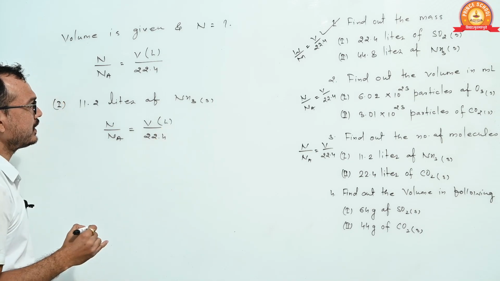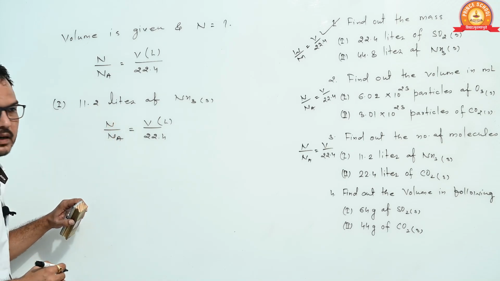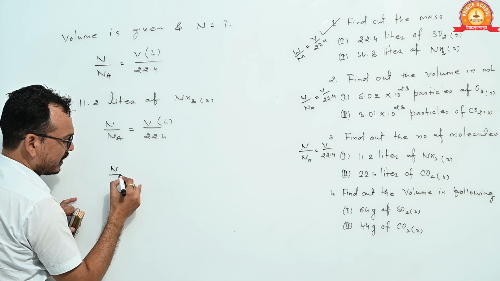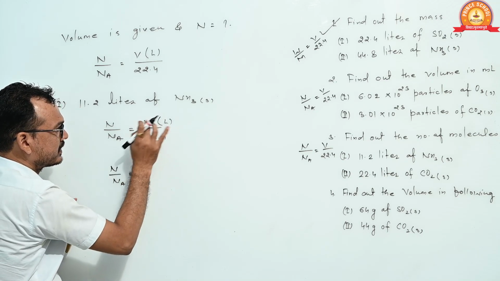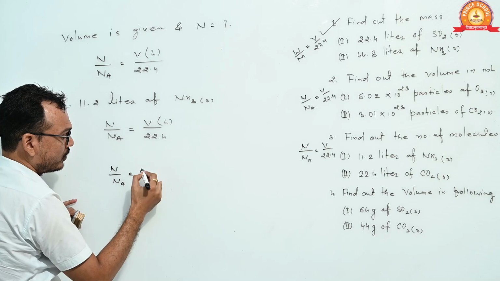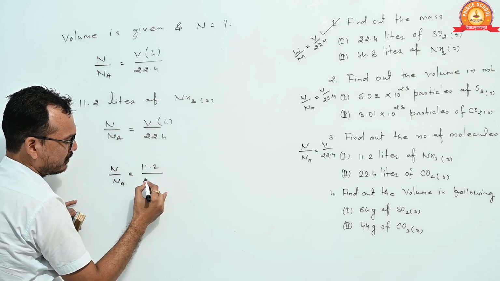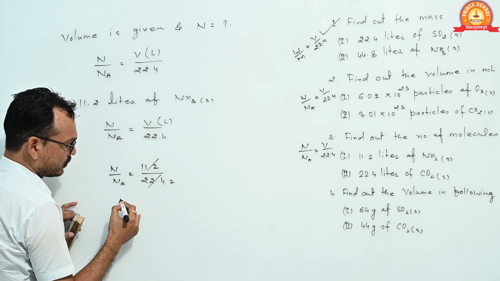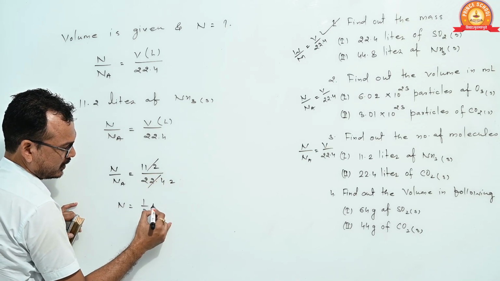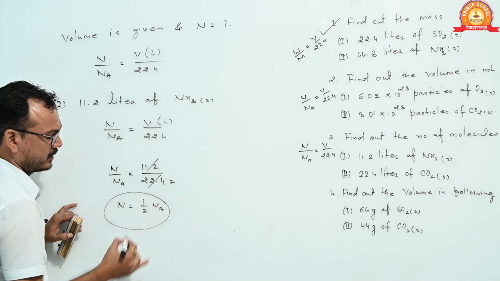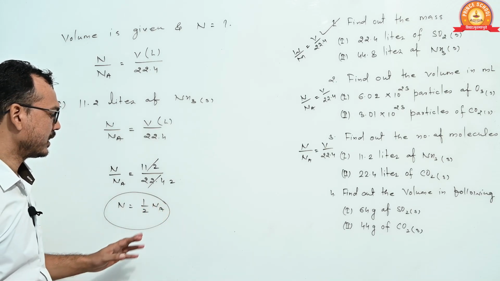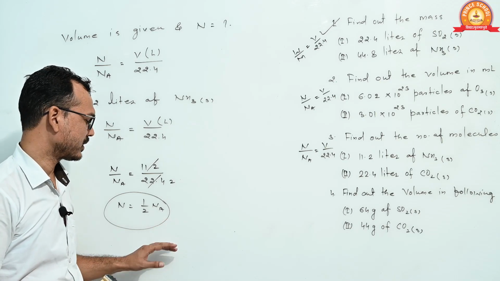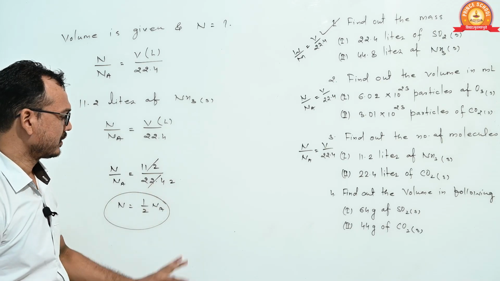This must be taken in liter, and it is also given in liter. Volume is 11.2 divided by 22.4. This cancels out by 2, so N is equal to 1 upon 2 Na. Put the value of Na, 6.02 into 10 to power 23, and further calculate the remaining digits.